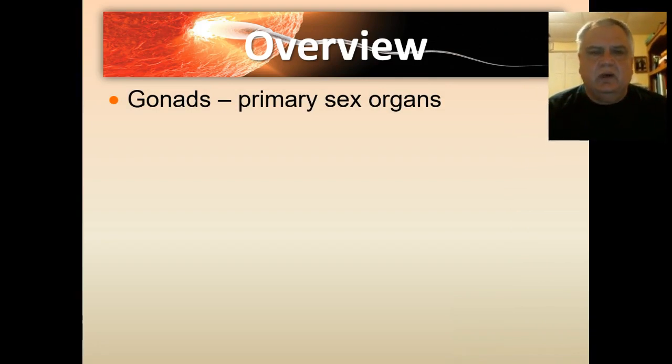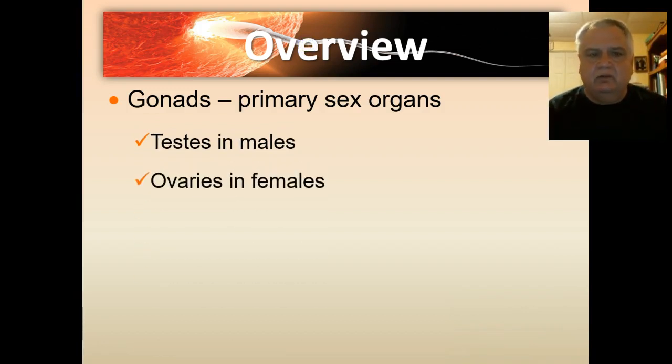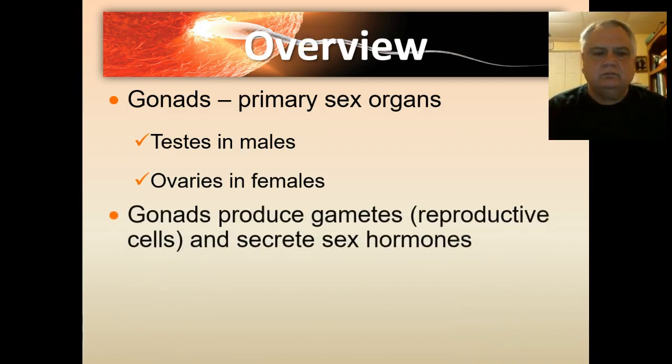So whenever we take a look at the reproductive system, the primary sex organs that we're going to be talking about, if we're not specifically talking about males or females, we use the general term gonads. Specifically, the gonads are, in males, the testes, and in females, the ovaries.